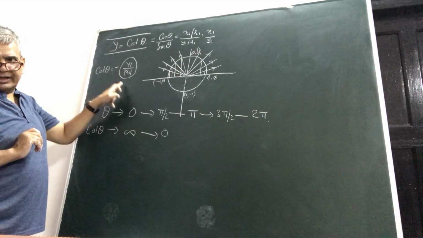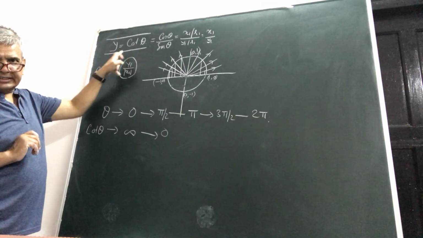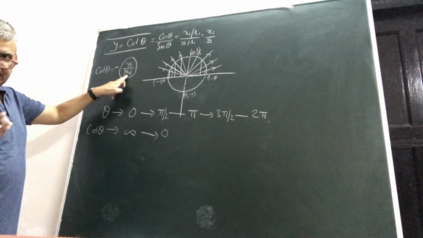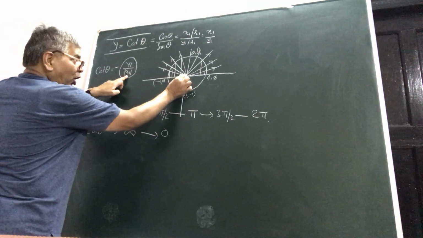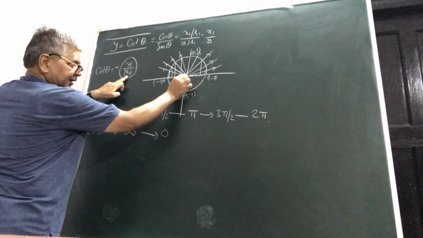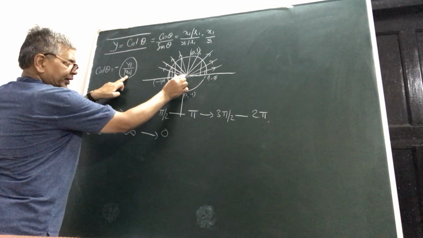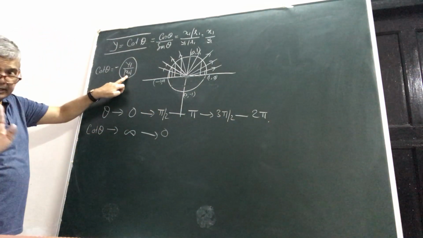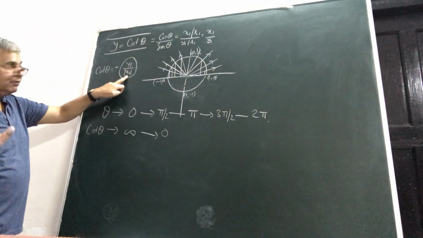So mod x1 will increase: it is 0 here, then 0.1, 0.2, 0.3, 0.4, and ultimately absolute value of x1 will be 1.